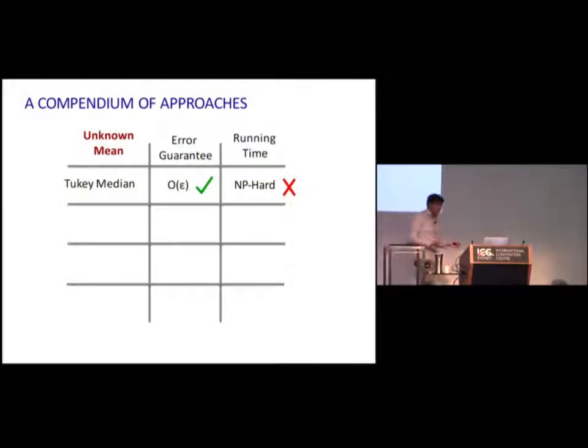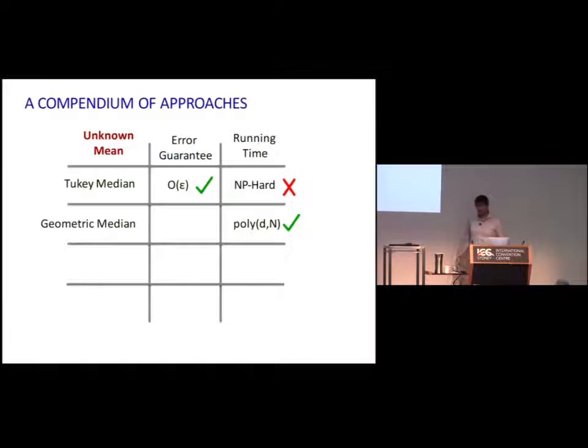Now, there are actually other ways that you could try to generalize the median to high dimensions. There's a much more naive thing. You could do something like the geometric median, or a median where you do something coordinate-wise along each of the coordinates, and don't care about how the thing looks in high dimensions, because you're just caring about the distribution on individual coordinates. Now, this is great because you can compute it very efficiently, in polynomial time.